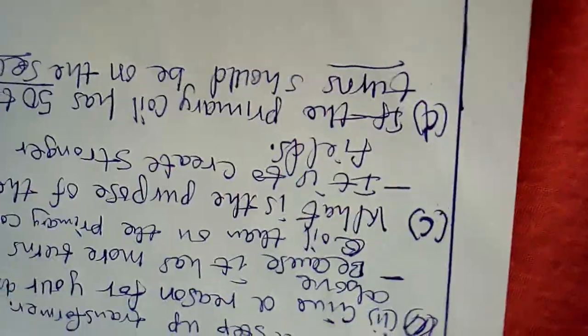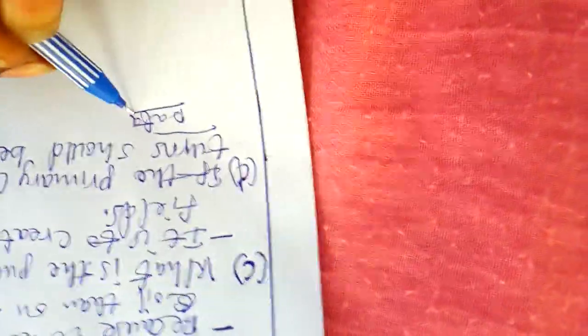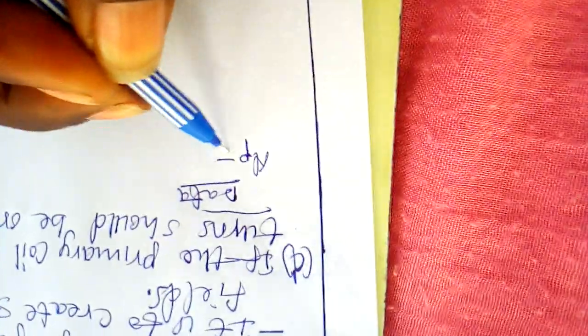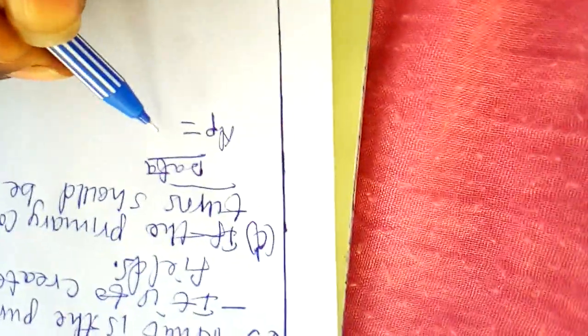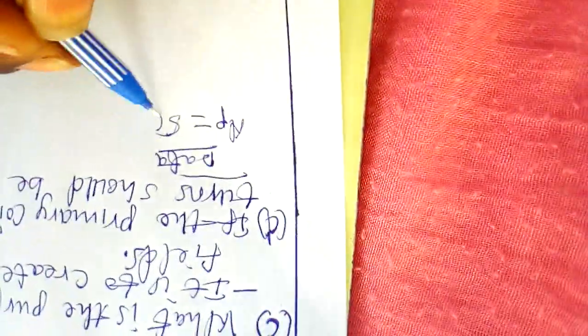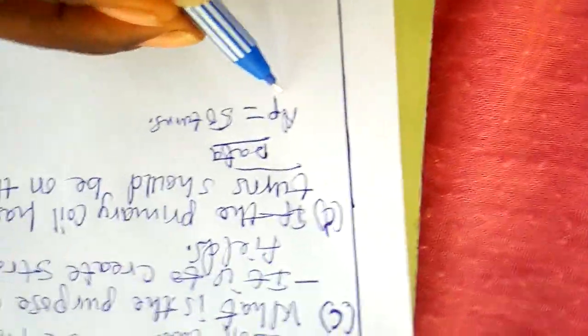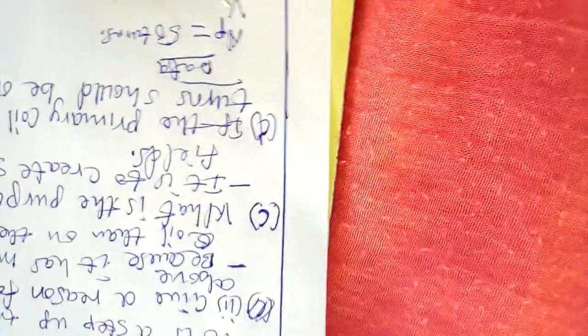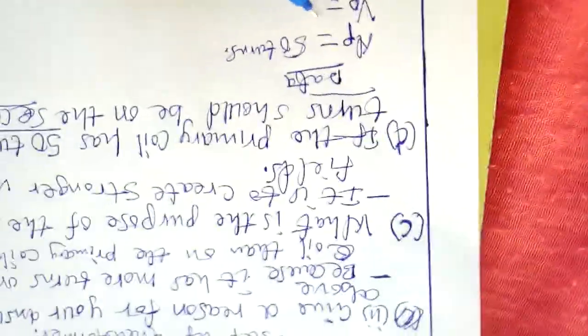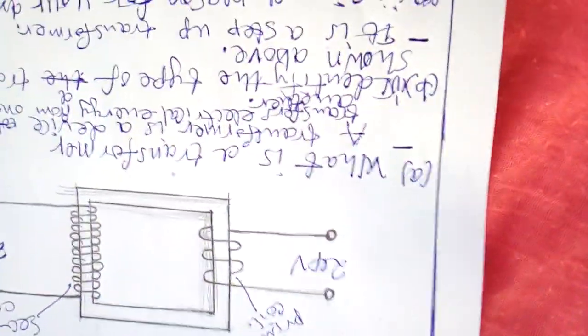Okay, so let's now write the data. According to this question, we have got this data. Number of turns in primary, we have got 50 turns. Then we have got voltage in primary, it is given, it is 24 volts.